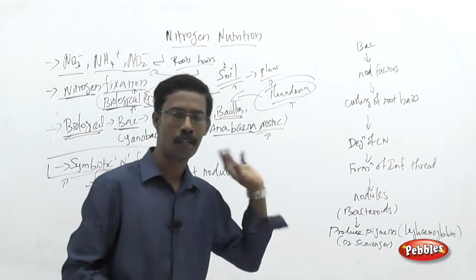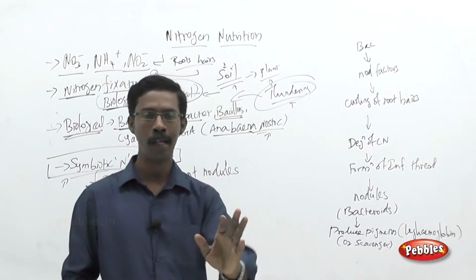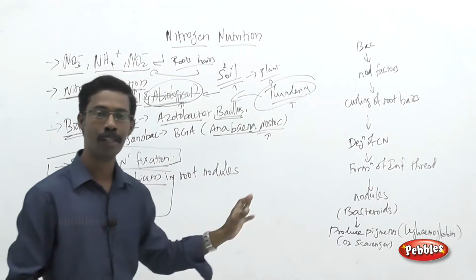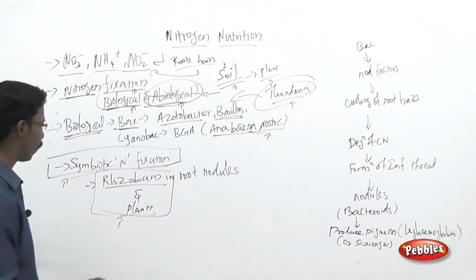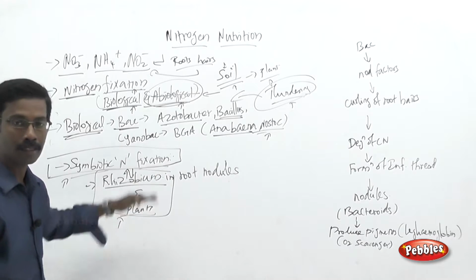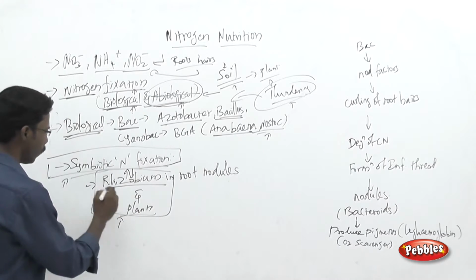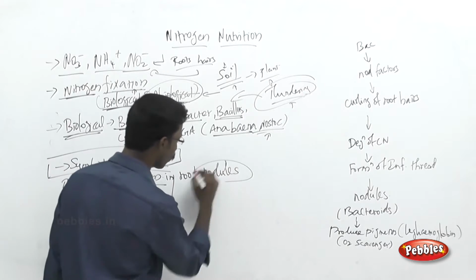This Rhizobium bacteria will fix the nitrogen for the plant, and the bacteria will utilize nutrients from the plant for its growth. Okay, so this relationship we will see in the environmental factor as symbiosis. Symbiotic nitrogen fixation: the Rhizobium in root nodules.